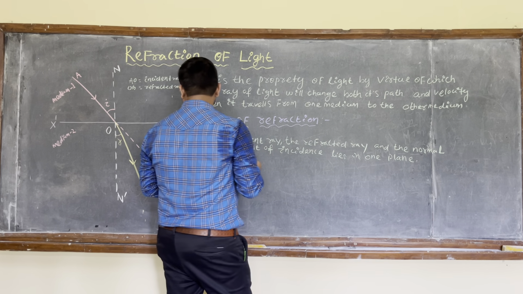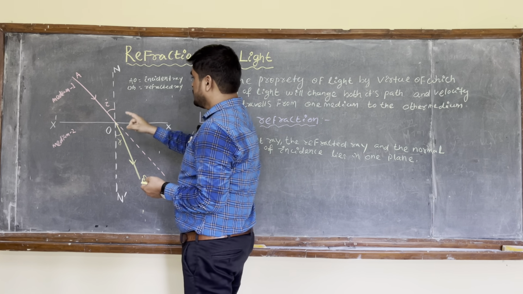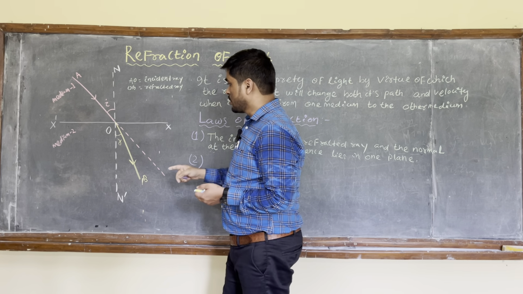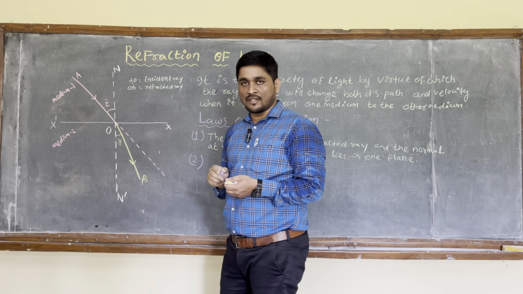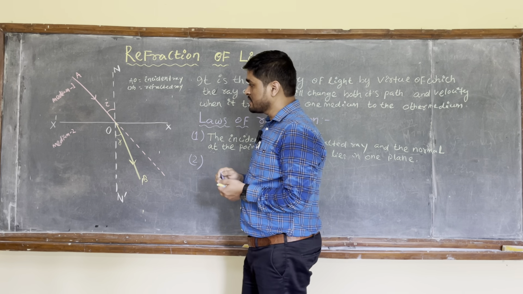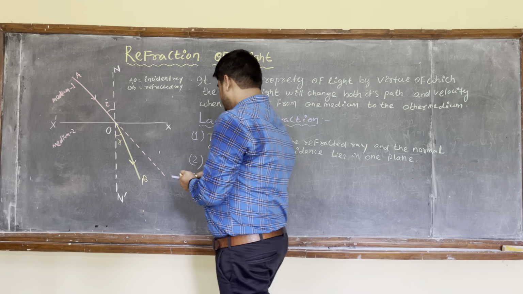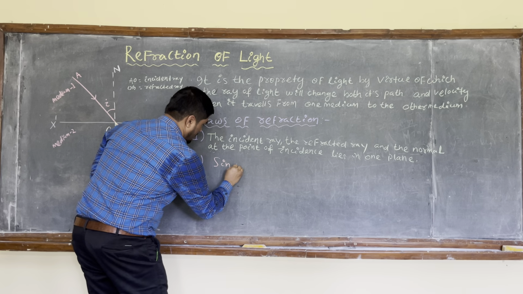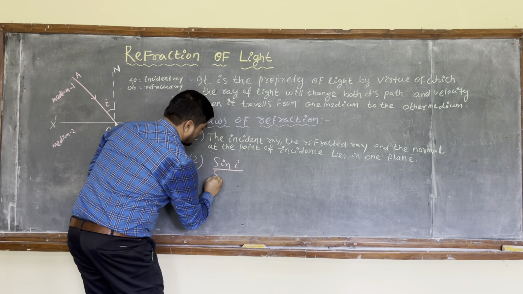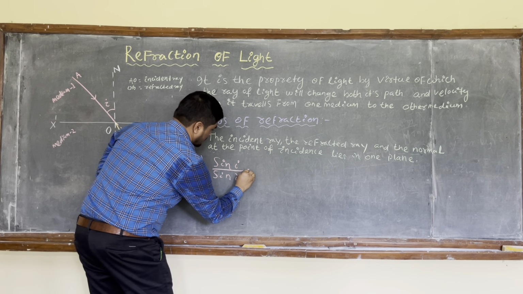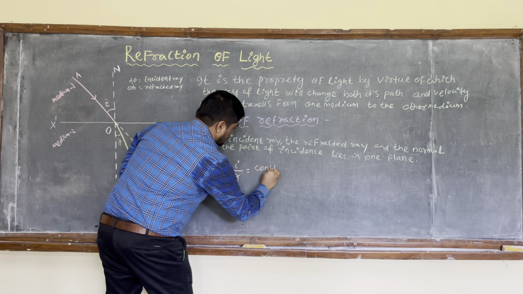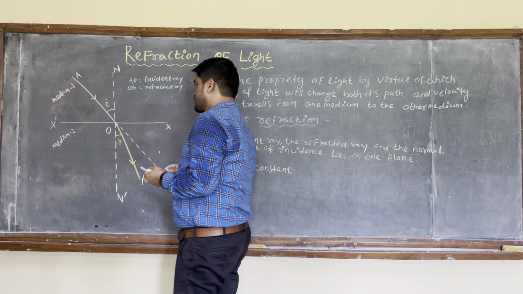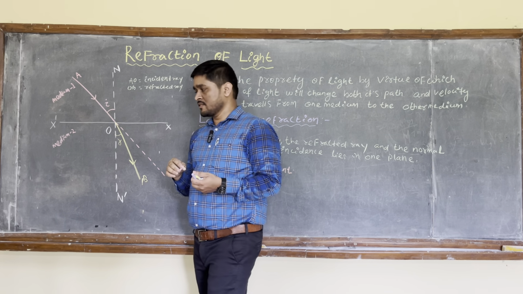And here there is another law of refraction. The second law of refraction is that the ratio of the sine of the angle of incidence to the sine of the angle of refraction is a constant. That means sine i divided by sine r is a constant, and that constant is known as the refractive index.